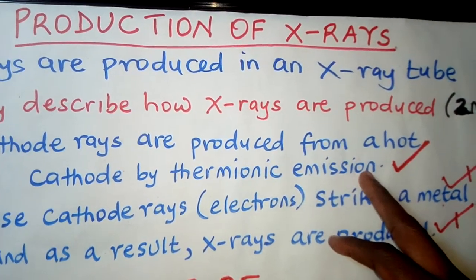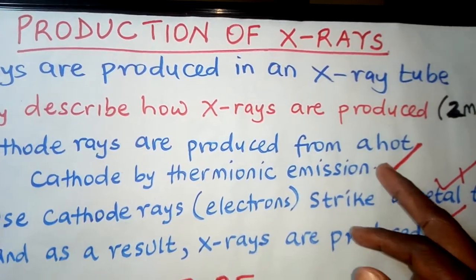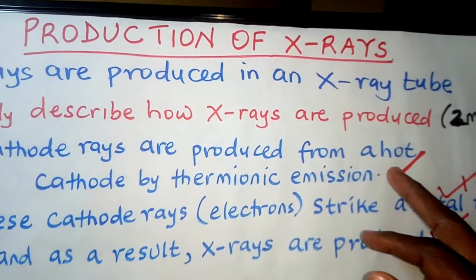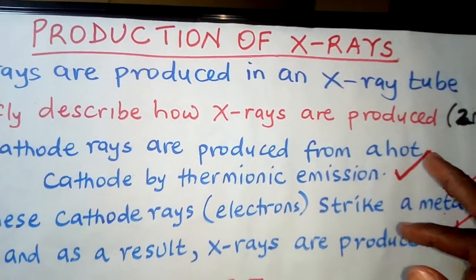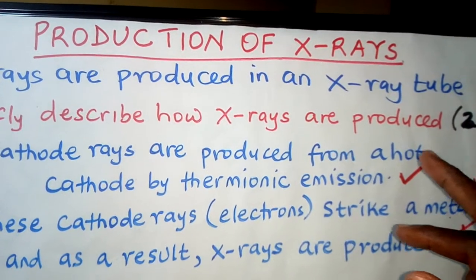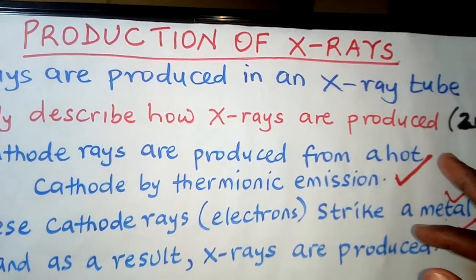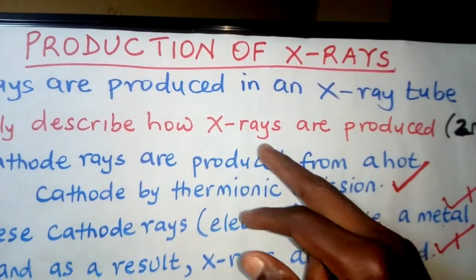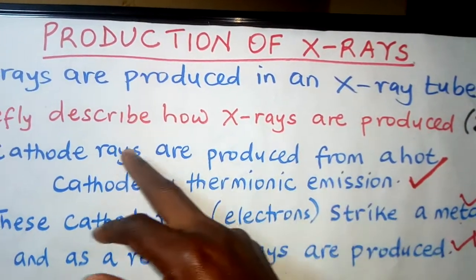So the first thing is you heat the cathode. The cathode is a metal, and we said metals have free electrons. So once you heat the cathode, time comes when the cathode will release electrons, and that process is called thermionic emission. So there's no way you can produce X-rays before producing cathode rays.